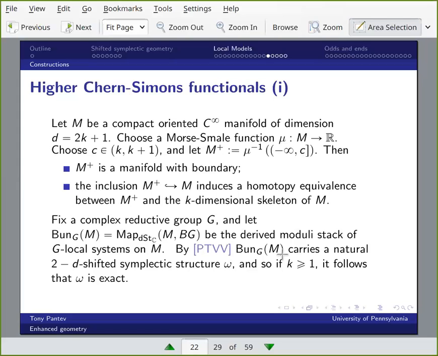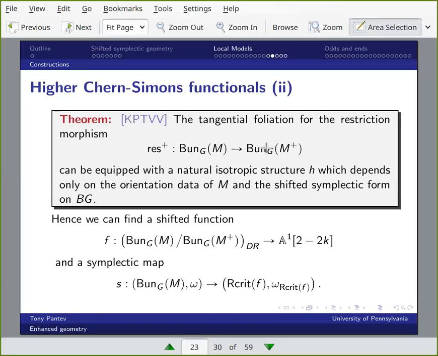And the answer is always, because there is a natural foliation that corresponds to our manifold M plus, to our half of the handle body decomposition of M. So you look at local systems on M, you can restrict them to local systems on M plus. That gives you a map of moduli spaces.